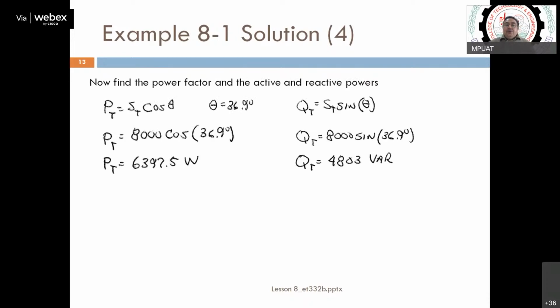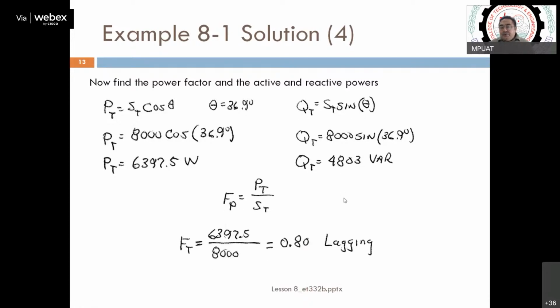Similarly, you can find out the corresponding active power and the reactive power. If I take 8000 cos 36.9, it comes out to be 6090, which is the active power. The reactive power is 8400. I can also find cos 36.9 degrees, which comes out to be 0.80, or I can divide the active power by the total apparent power, 8000, and I get 0.80.